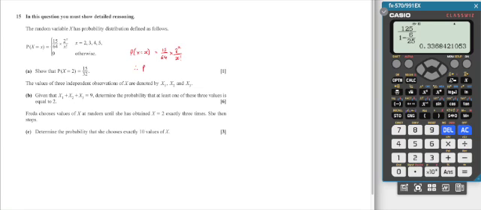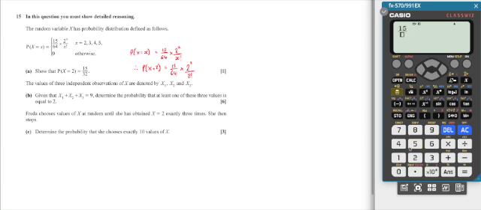Therefore the probability that X is 2 is 15 over 64 times 2 squared over 2 factorial. I bet you that's going to give me 15 over 32. So let's try 15 over 64 times 2 squared over 2 factorial. Look at that, that's 15 over 32.